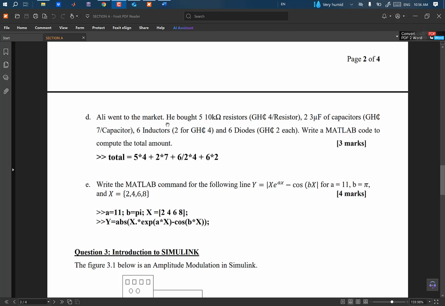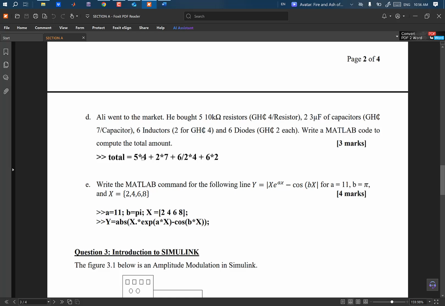Then Ali went to the market. He bought 5 10k resistors, and the cost was 4 cedis per resistor, 2 3 microfarad capacitors at 7 cedis per capacitor, and then 6 inductors, 2 for 4 cedis, and 6 diodes, 2 Ghana cedis each. You are to write a MATLAB code to compute the total amount.